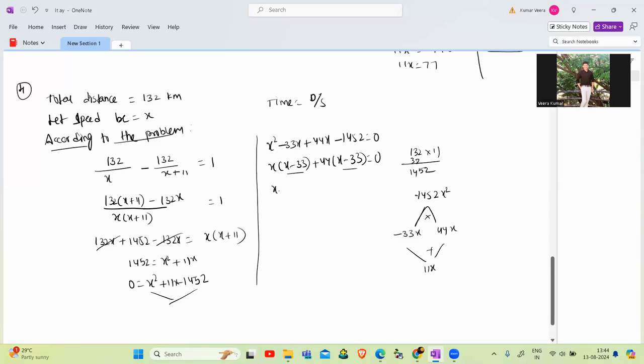So x minus 33 into x plus 44 is equal to 0. So x is equal to 33, because minus 33 goes that side, and x is equal to minus 44. Negative you cannot take, because speed will never be negative. So speed is positive. Therefore, the speed x is 33 kilometers per hour.